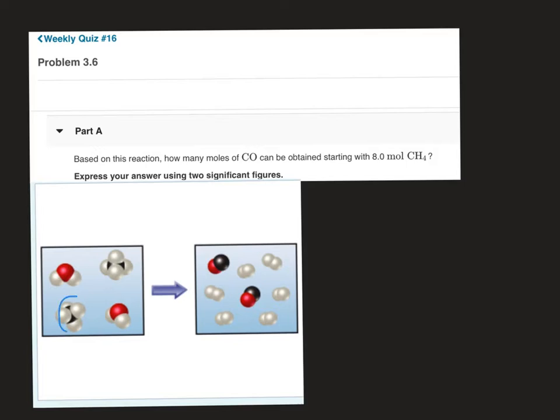Well, I can see that I have 2 molecules of methane, or also can be looked at as 2 moles of methane. That will make 2 moles of carbon monoxide. Knowing that these 2 are connected, it says how many moles of carbon can be obtained with starting with that.